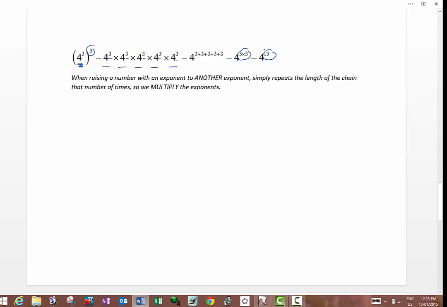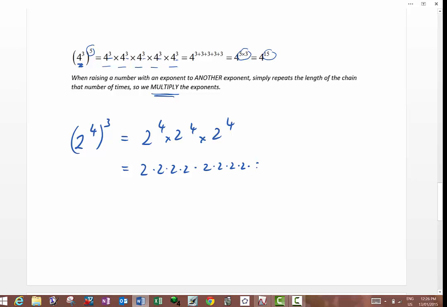So when we raise a number with an exponent to another exponent, all this does is repeat the length of that chain that number of times, so we multiply the exponents. So if we had 2 to the 4 cubed, then this would be 2 to the 4 times 2 to the 4 times 2 to the 4. Now doing this in full, this is 2 times 2 times 2 times 2 multiplied by 2 times 2 times 2 times 2 multiplied by 2 times 2 times 2 times 2.